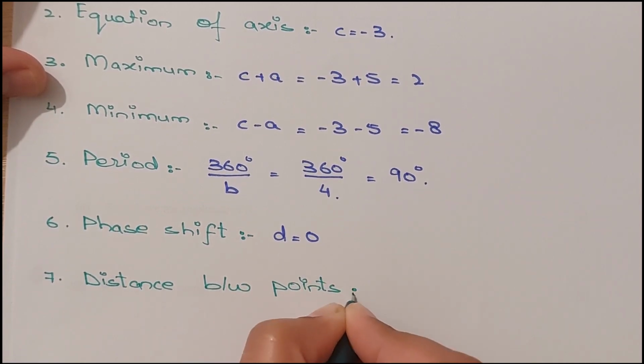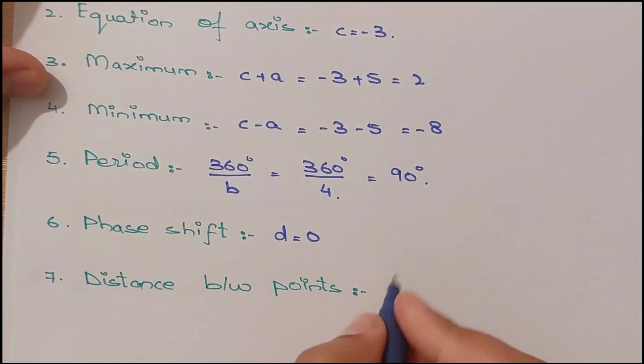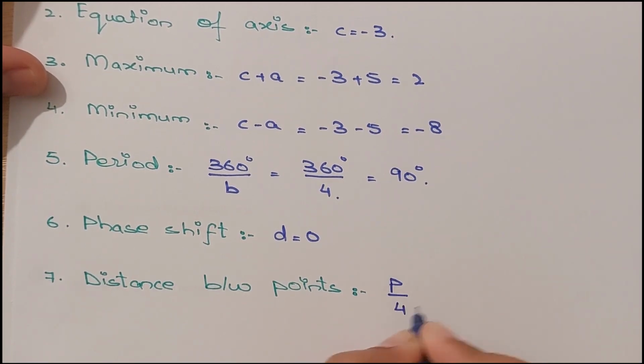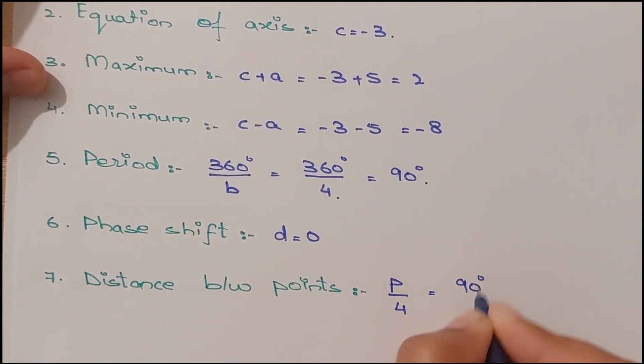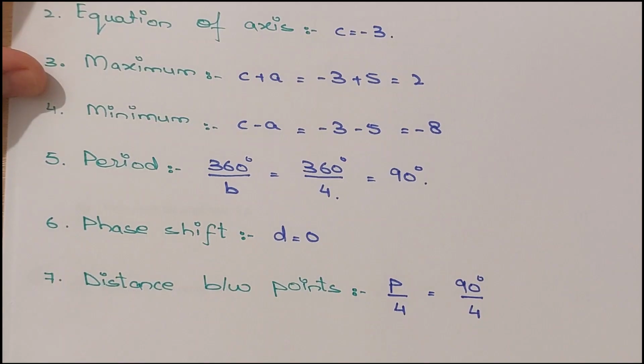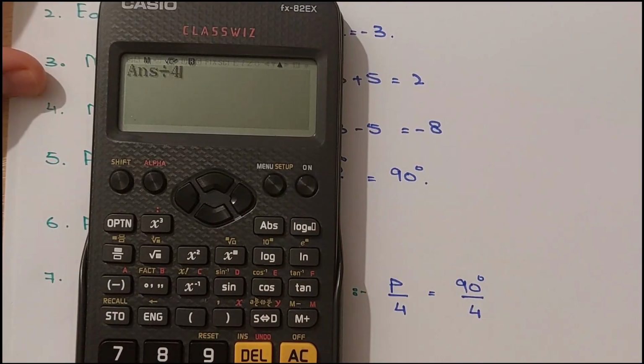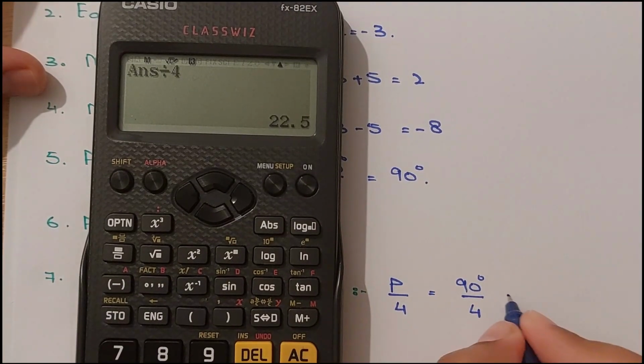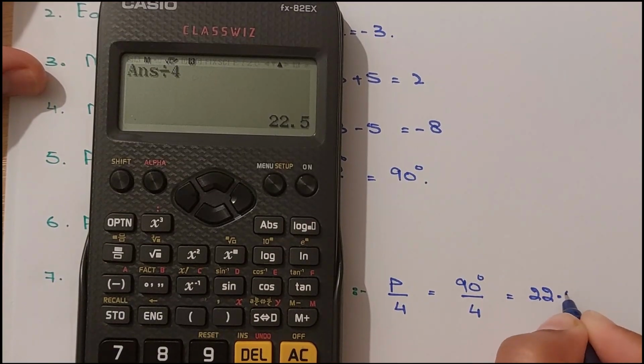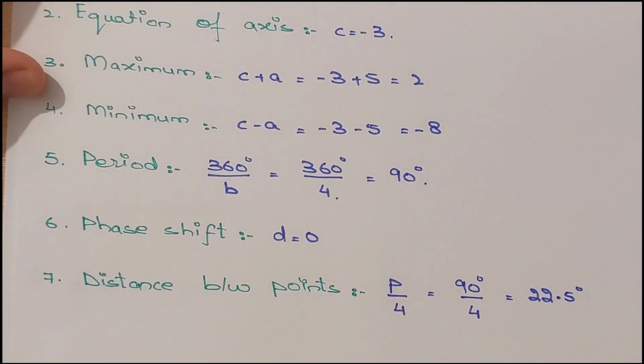Distance between points has a formula: period divided by 4. So the period is 90, so we divide 90 by 4. 90 divided by 4 equals 22.5 degrees, which is the distance between points, right?